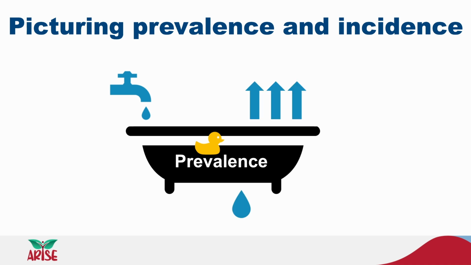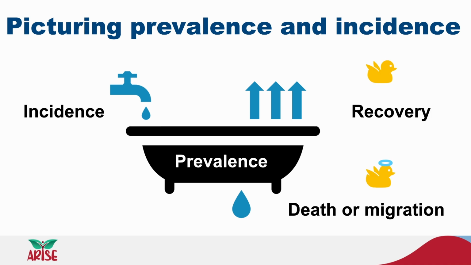The prevalence bathwater level also changes over time. If people die or move out of Ghana, they are no longer considered in the prevalence calculation. They can also recover, and during the following year, they no longer meet the criteria for an anxiety disorder, and thus no longer contribute to the prevalence bathtub.